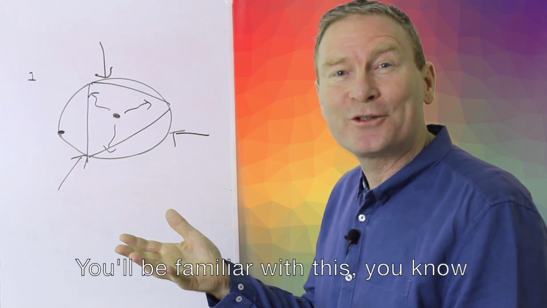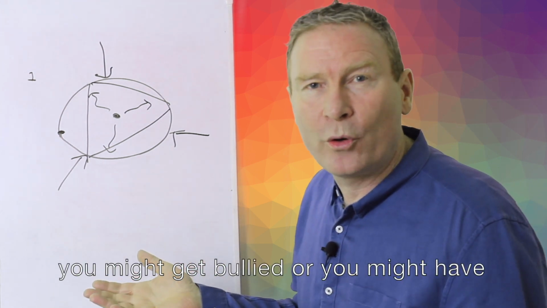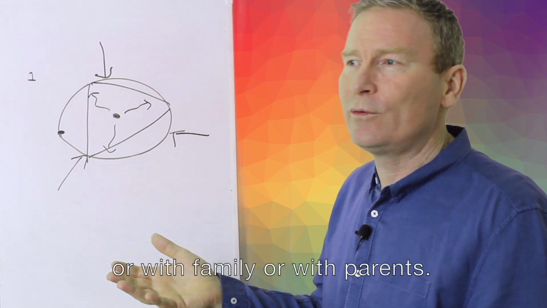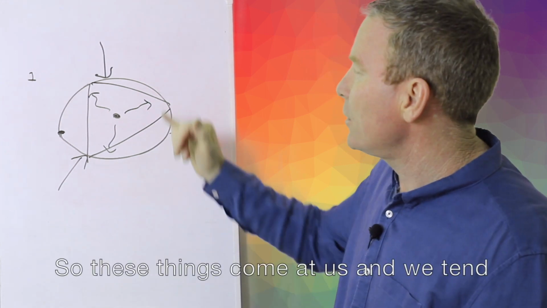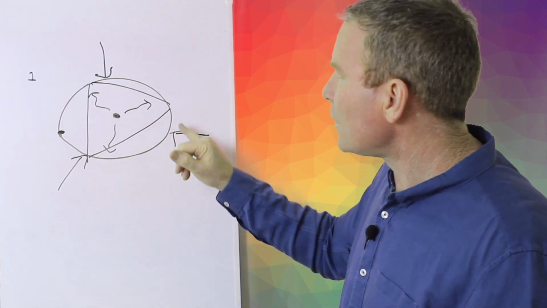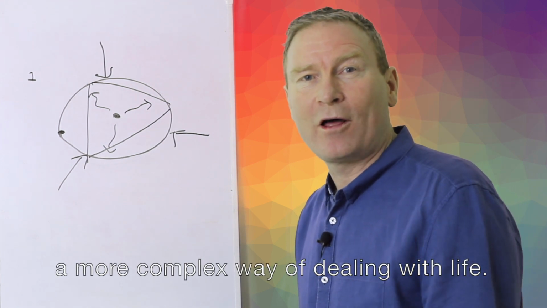And you'll be familiar with this, when you go to school, you might get bullied, or you might have negative experiences with friends or with family, with parents and so on. And so these things come at us and we tend to withdraw and contract. And what we do is we develop a more complex way of dealing with life.